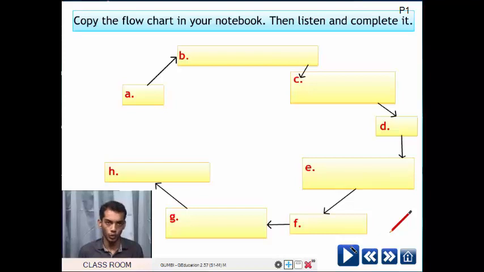Copy the flowchart in your notebook, then listen and complete it. Copy this flowchart in your notebook.